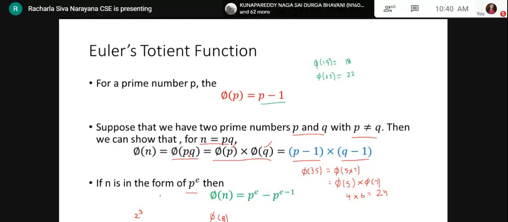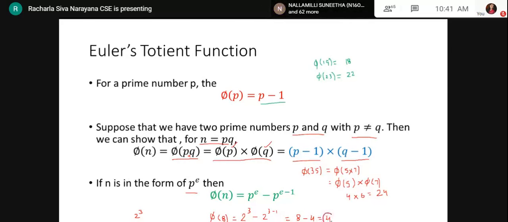Here 2 is a prime number and e is a positive integer. Then it is 2 power 3 minus 2 power 3 minus 1, which is 8 minus 2 power 2, that is 4. So the result is 4.